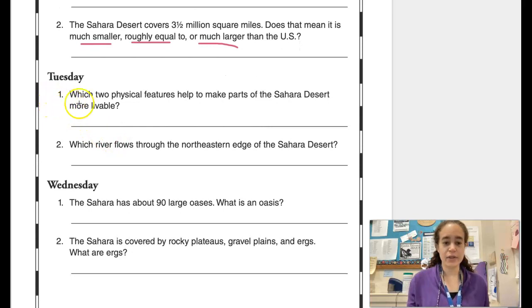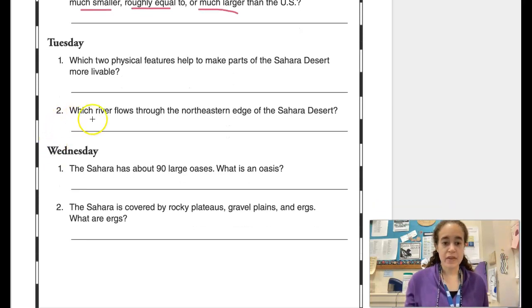Tuesday talks about two physical features that help make parts of the Sahara Desert more livable. Those, I think, can be found in the background paragraphs, first page. Then, the river that flows to the northeastern edge of the Sahara Desert.